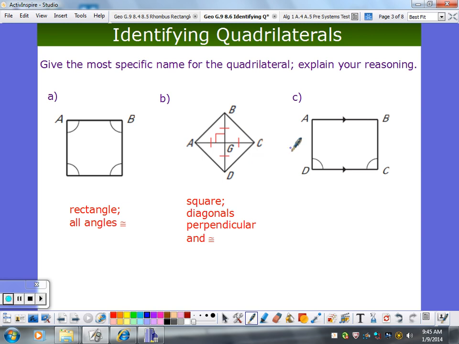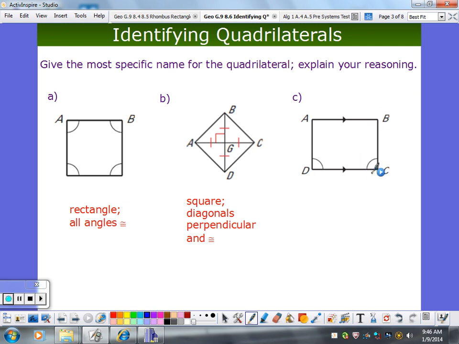Oh boy. Hey, what about this thing? What do you think? It's a rectangle, how come? Well, how do I know that?